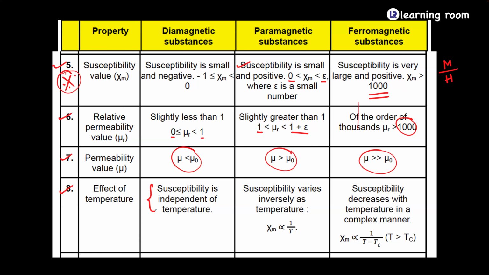Susceptibility varies inversely with temperature. Means if you start heating a paramagnetic substance, it will slowly start losing its magnetic properties. If you try to decrease the temperature, it will have more magnetic property. That is what you mean by inversely proportional. Am I clear with this? It is inversely proportional to the temperature. Here, temperature is absolute temperature, which is measured in Kelvin.